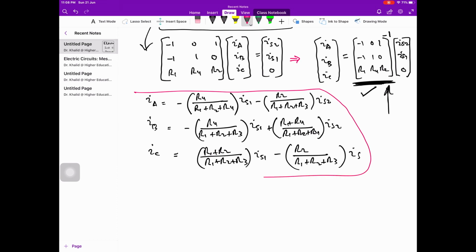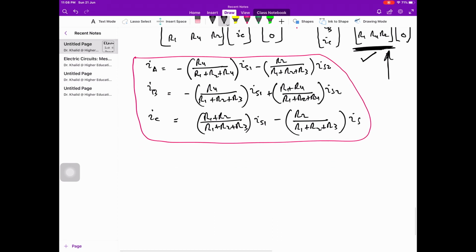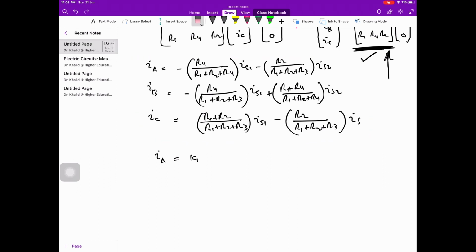Now, a very interesting aspect. I will explain it over here. If I write IA as K1 IS1 plus K2 IS2, K1 is the coefficient of IS1, and K1 is minus R4 divided by R1 plus R2 plus R4.